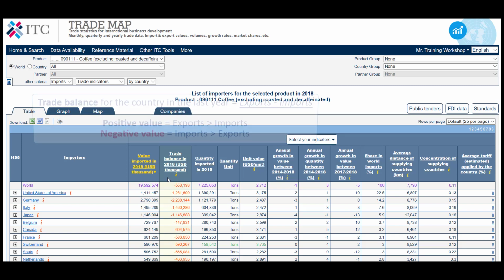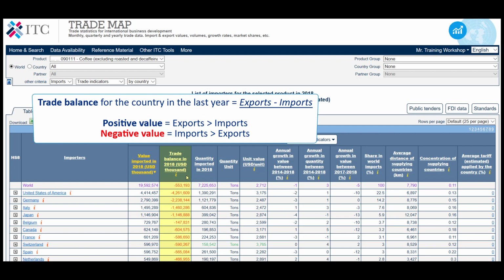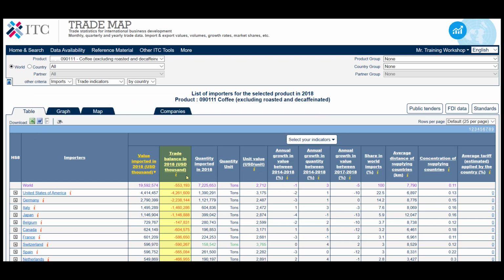Second, we see the trade balance for the country in the last year. The trade balance is calculated as exports minus imports. Hence, a positive value means exports are larger than imports, whereas a negative value means imports exceed exports. Negative values are colored red, while positive values are black.